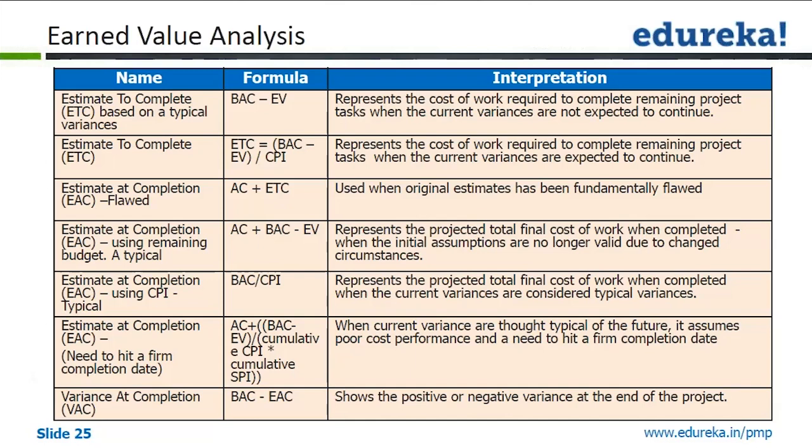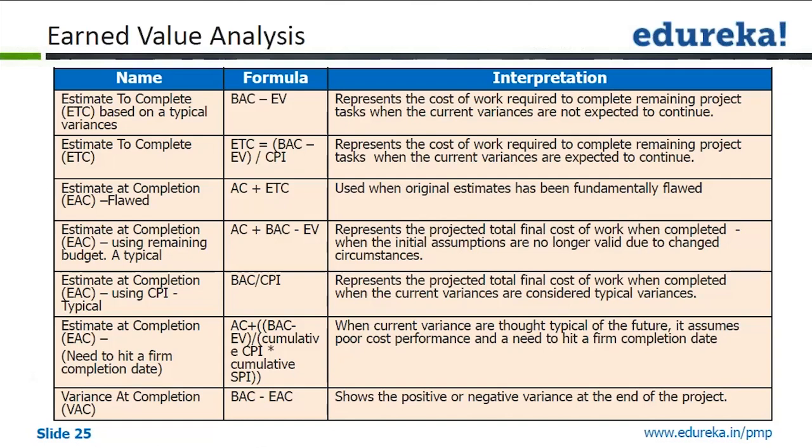That means that if suppose you are going on a delay, there is a delay in your project. So if you expect that the same delay will continue for the rest of the work also, the same kind of delay, then you use ETC is equal to BAC minus EV by CPI. That means the same delay will continue.